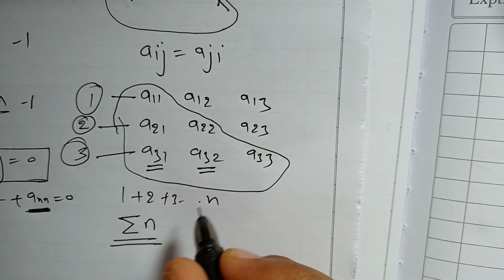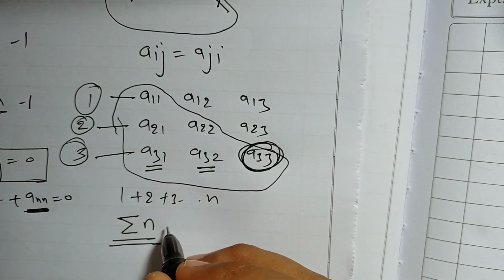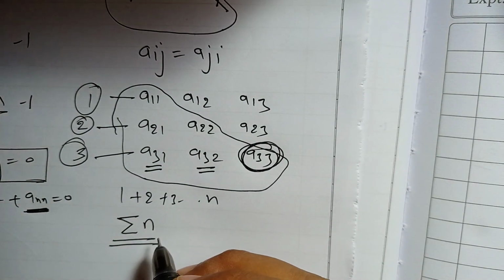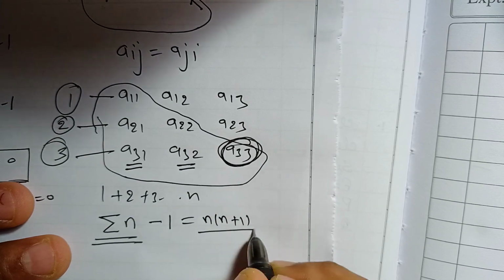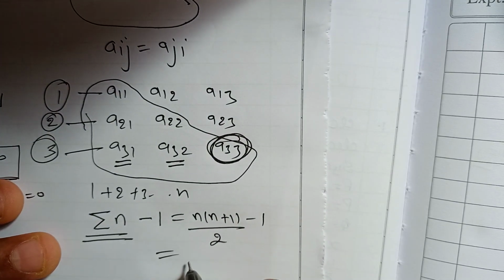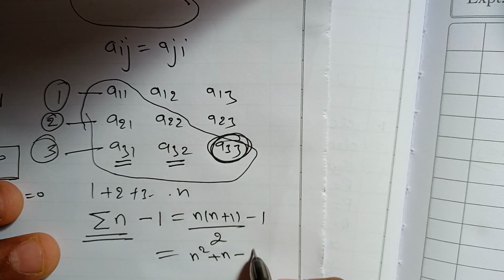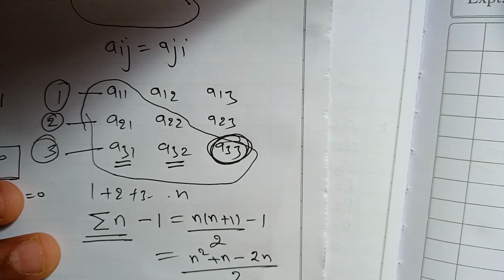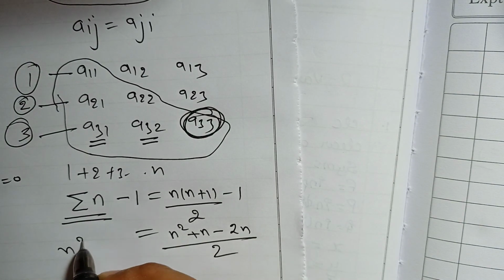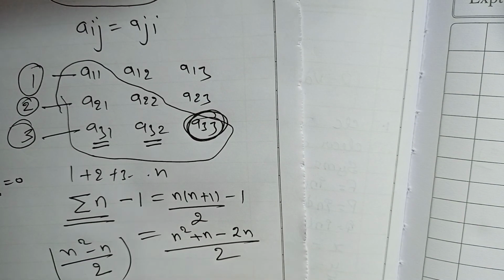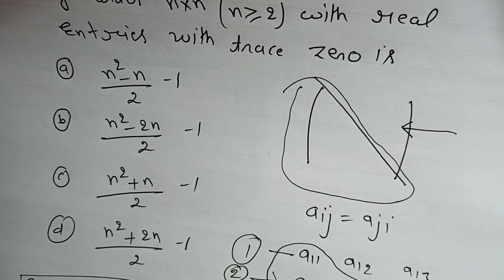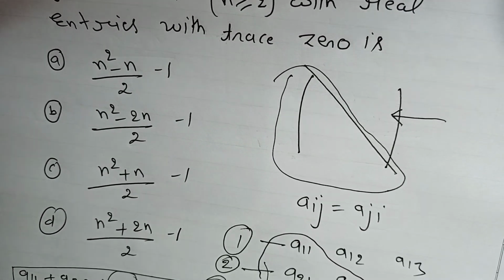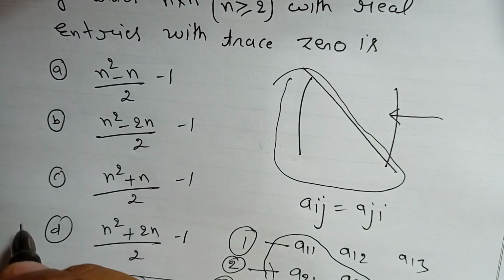We are looking for the dimension, meaning the number of free variables, so n(n+1)/2 minus 1, which is (n square plus n minus 2)/2, which implies (n square plus n minus 2)/2. So the answer is option C.